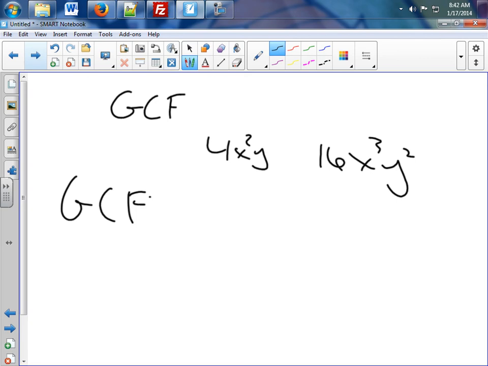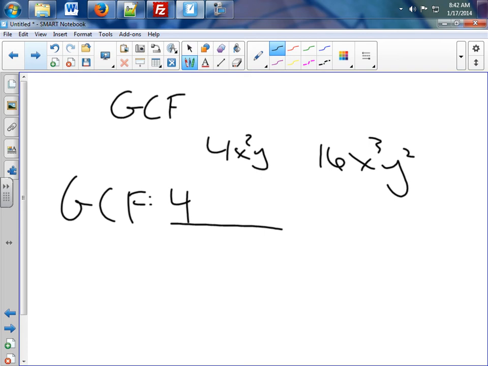Okay? So, let's keep this simple and easy. First thing you do is look at the non-variable, called the coefficient. You've already told me, what's the greatest common factor of 4 and 16? 4. Now we look at the variables, aka the letters. I'm looking at the x's first.